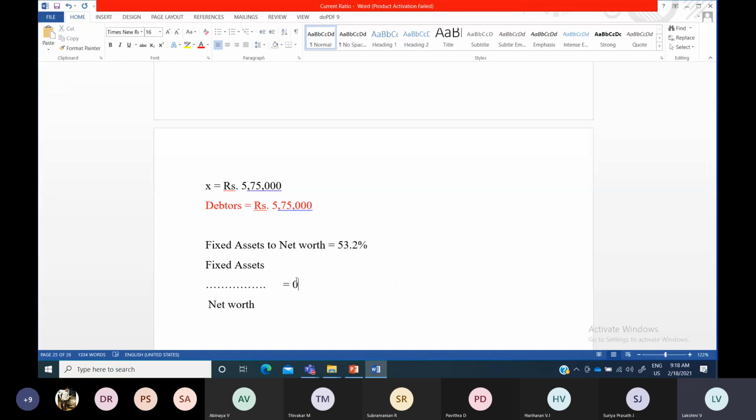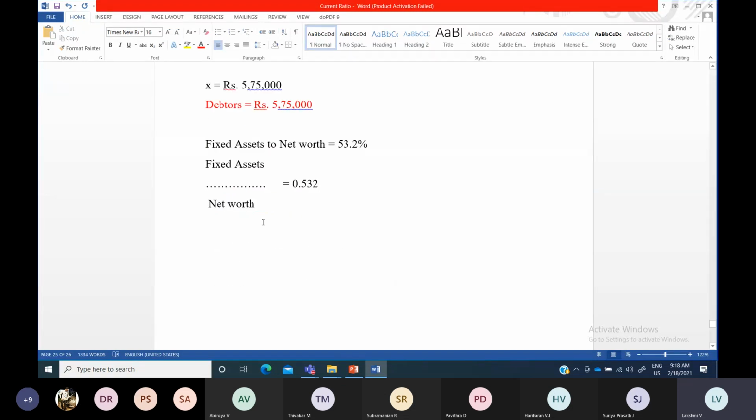So now fixed assets, we don't know that, so we should keep it as X only. No other go. You mention it as small x. But X I don't know, but net worth I know.